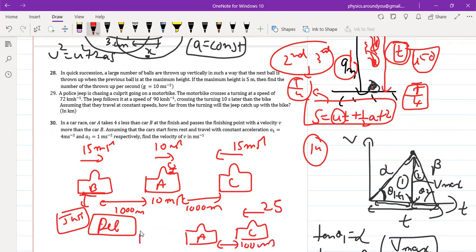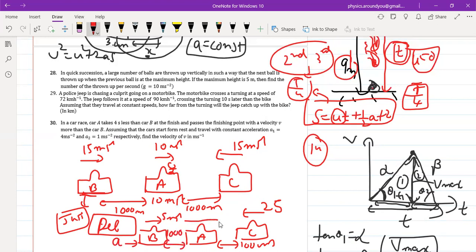And how would B be? 15 and 10, so it will have an initial velocity of 5 meters per second, because in the same direction velocities subtract, and it will have some acceleration also. That's the question. And the distance is also 1000.